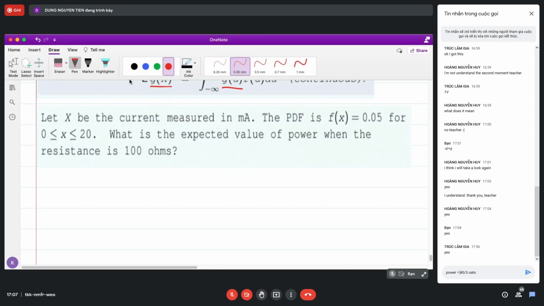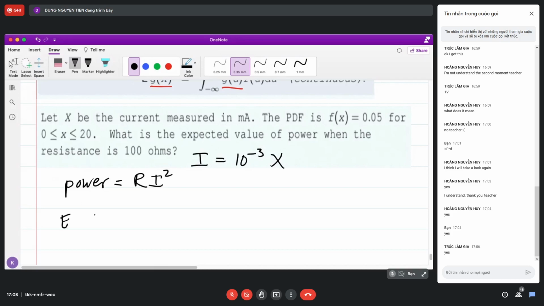You want to find, you see that, suppose that I is the current measured in ampere. Then I equals 10 to the minus 3 times x. And the power is simply R times I squared.